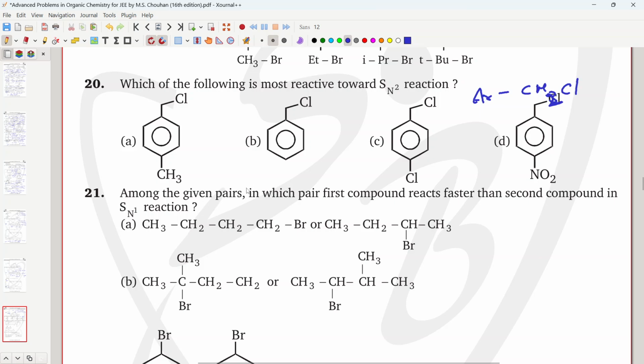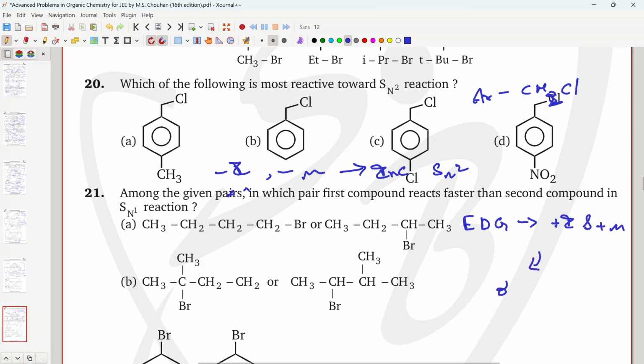Therefore, the electron withdrawing groups, minus I and minus M groups, stabilize the transition state, which increases the SN2 rate. The electron donating groups, plus I and plus M, destabilize it, which decreases the SN2 rate.